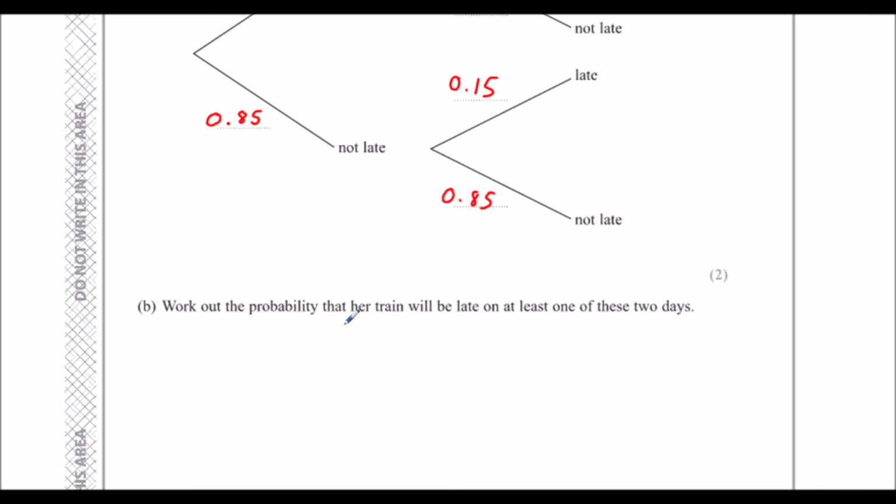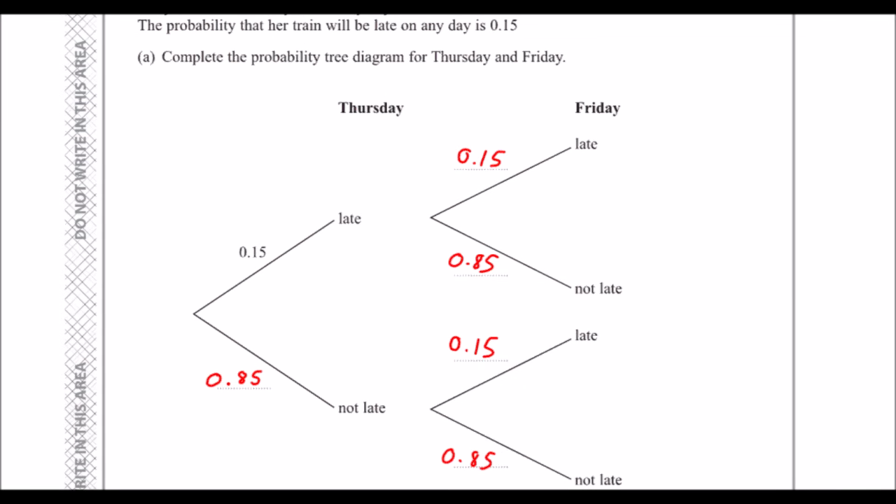Part B, work out the probability her train will be late on at least one of these days. So we either want late, I'll just put a star here, late, not late, because that's late on Thursday, not late, because that's late on Friday.